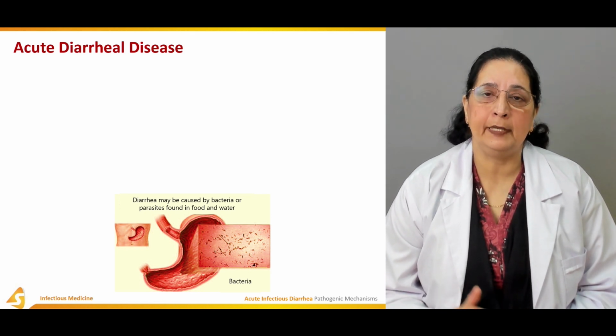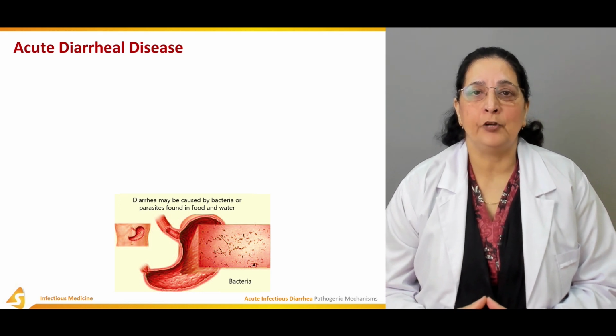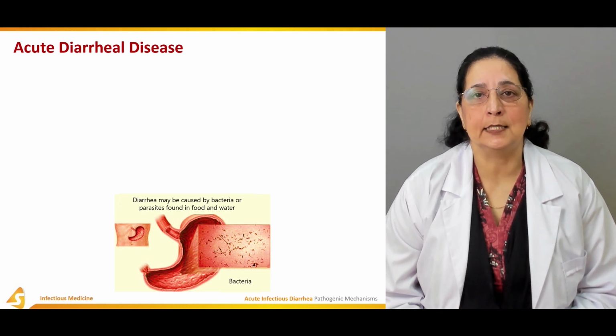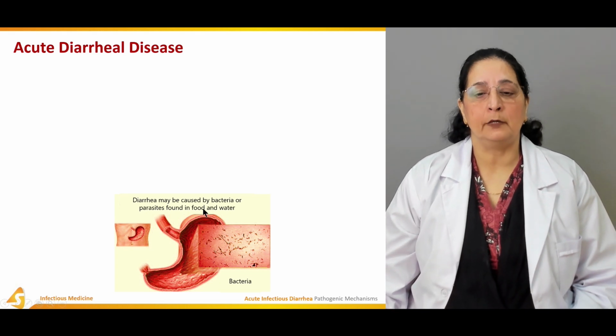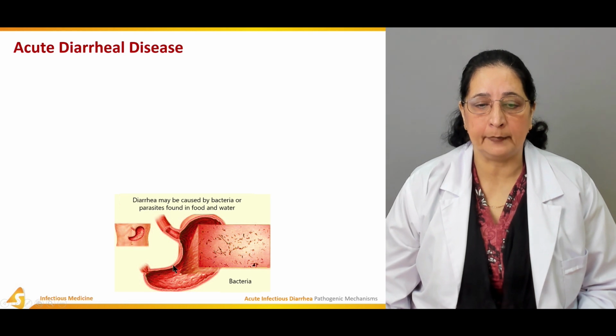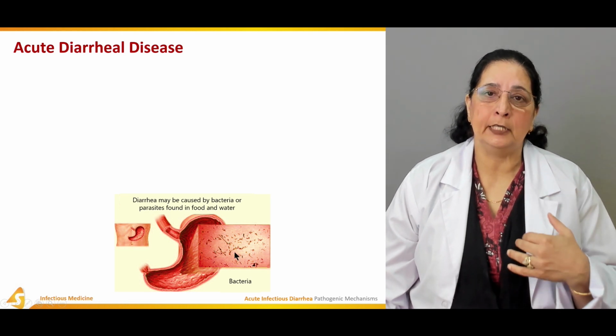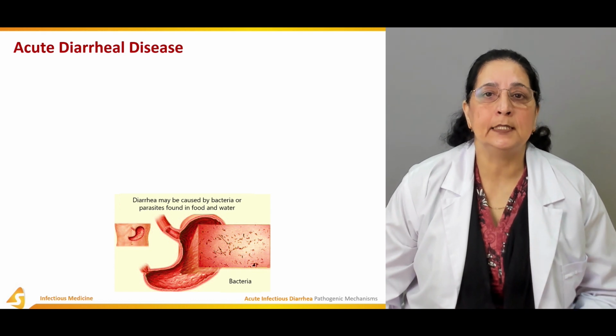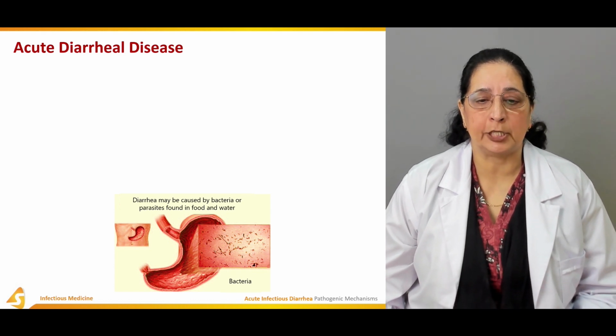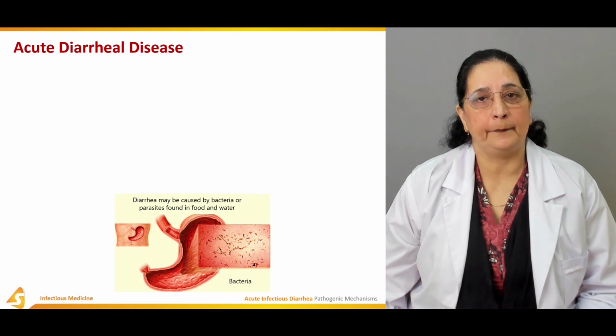So very, very important is eating and drinking water that is contaminated. So contaminated food and water which has microorganisms can cause, once it's ingested, different pathogenic mechanisms which we will discuss in this section, and can cause diarrhea.